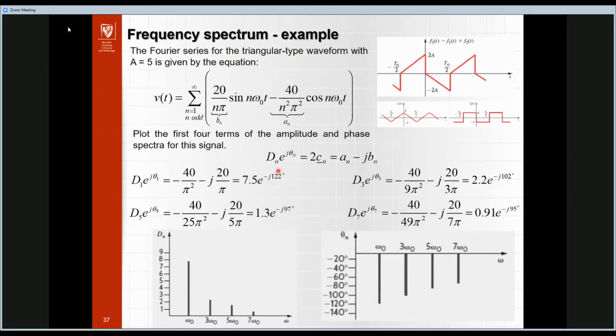So we see here the phase minus 122, and we plot this. And similarly for the rest of the coefficients.